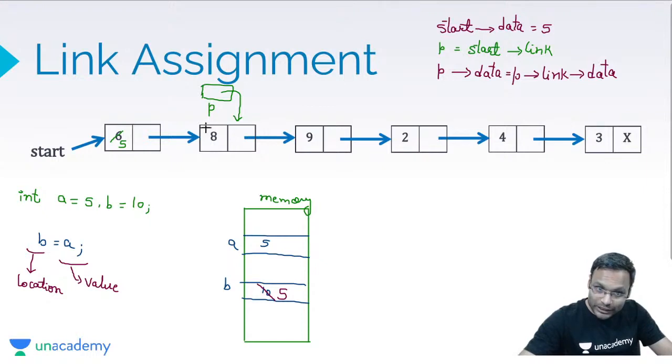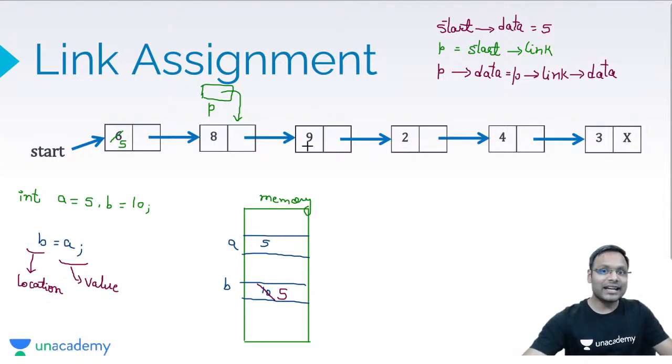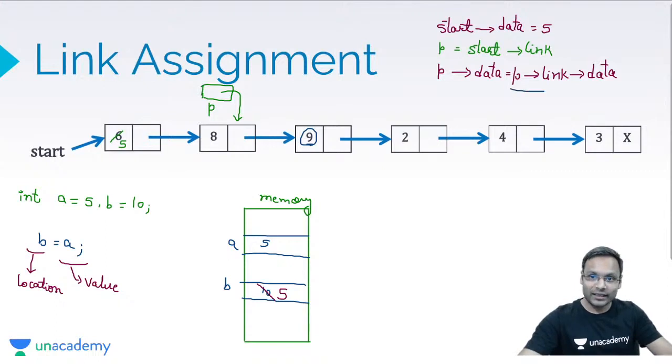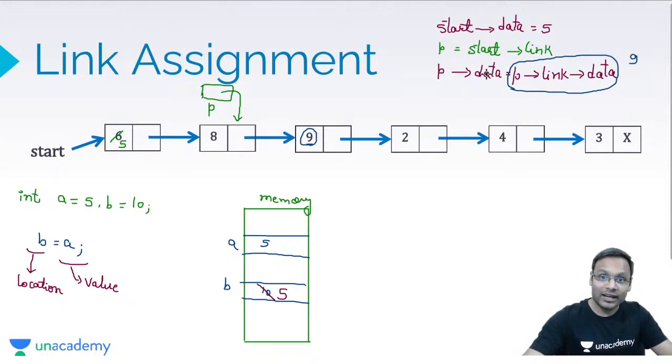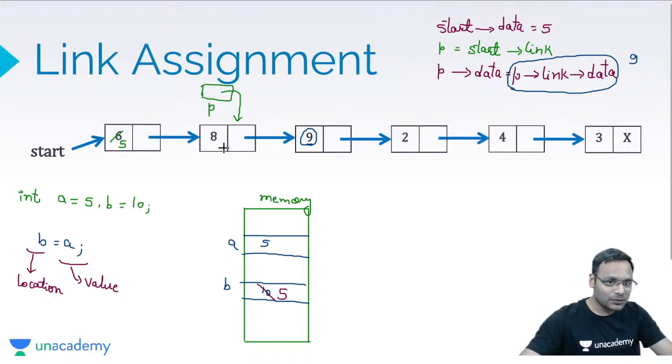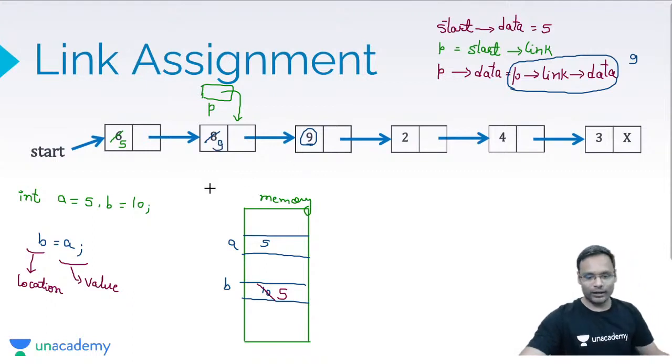P pointer pointing to this node, its data is 9. So from the right side, take the value 9 and assign it towards the left side, where, in the data part of P. Data part of P means this particular part of P. P pointer pointing to this node, its data part will now have value 9.